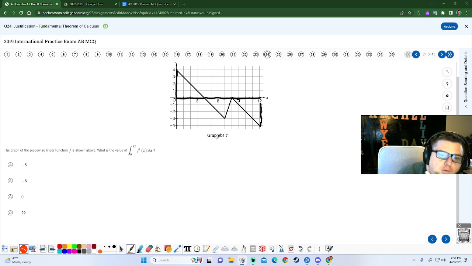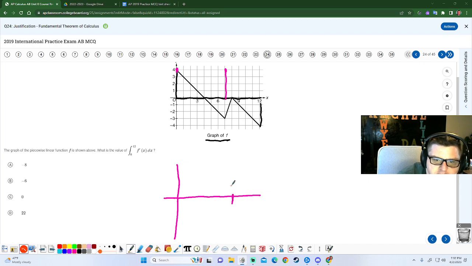So first rule of graphs is know what graph you're looking at. When we look from 0 to 7, just mark 7 here. What is the derivative from 0 to 7? Well, it's going to be the same everywhere because it's a linear function.